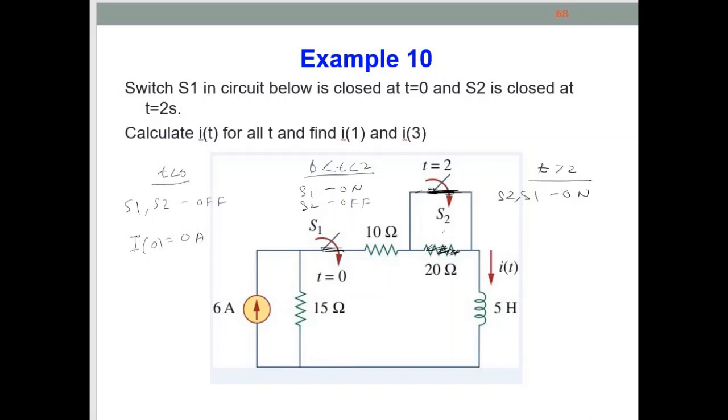The current prefers the line that has no resistance. So the current from the 10 ohm here will directly flow through this straight line, and then flow to the inductor, and go back to the negative polarity of the 6 ampere source. So this 20 ohm will be removed.